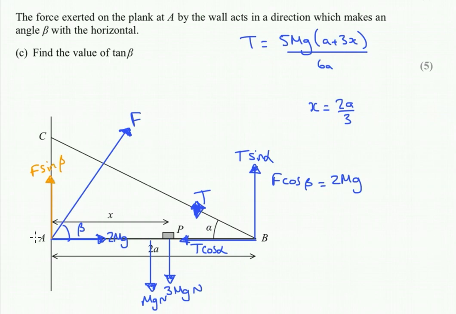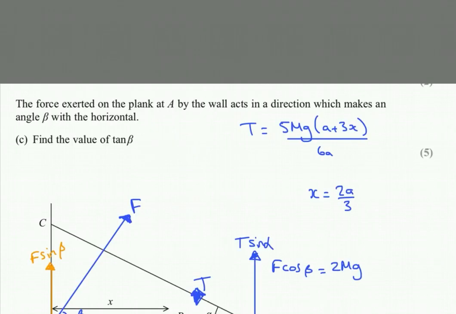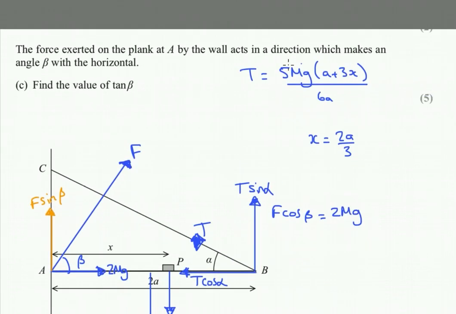So again, just like with all the other questions on this paper, we can now resolve vertically and horizontally. We've already done it horizontally, and we're going to do it vertically now as well. But before we do, I'm going to simplify the formula we've got for tension, because we worked out in part B that x is 2a over 3, and that's useful because we can simplify what we've got in here.